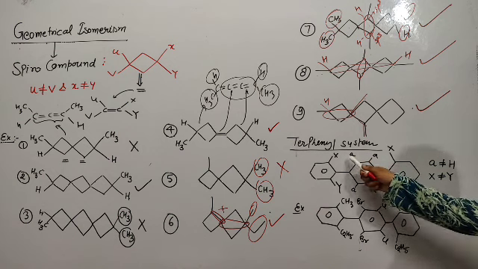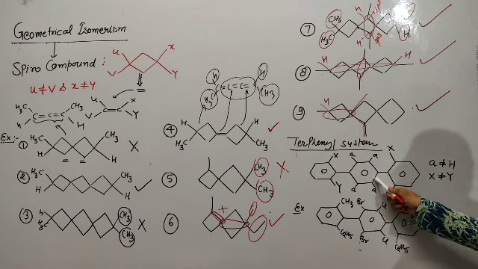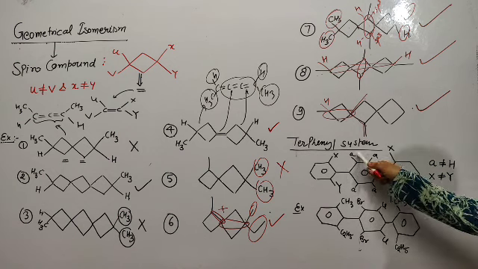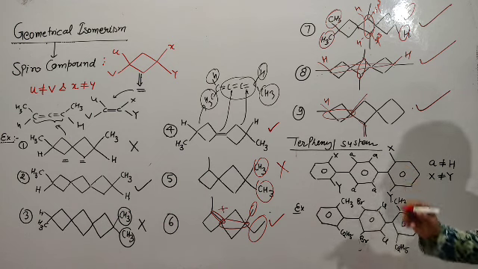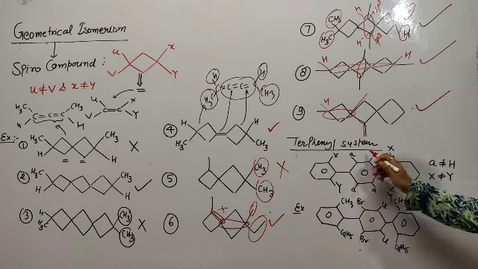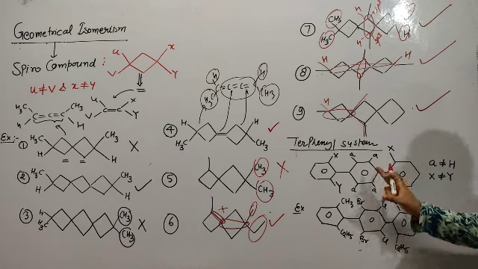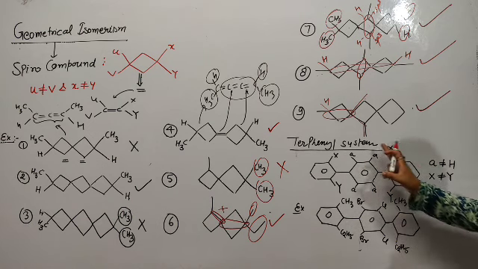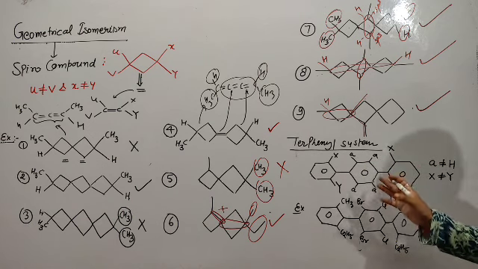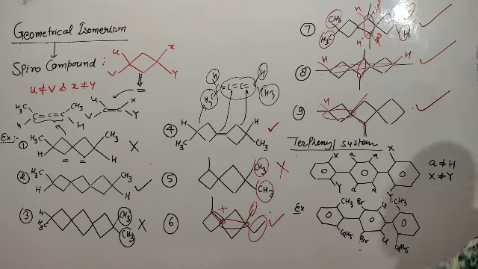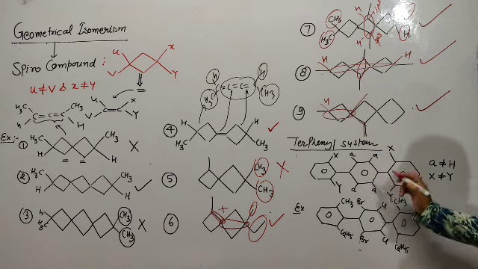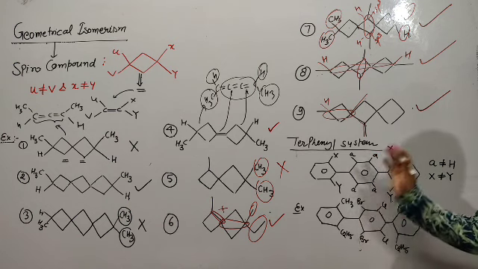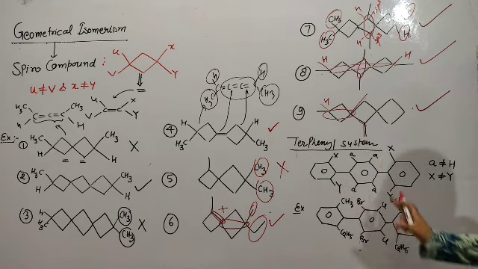If you attach bromine here, then bromine, bromine, bromine. You can attach here bromine, iodine, chlorine, fluorine, whatever the group. Not hydrogen here. You can put a different group like fluorine, chlorine, bromine, iodine, NO2, CO2, SO3, and any group like this.